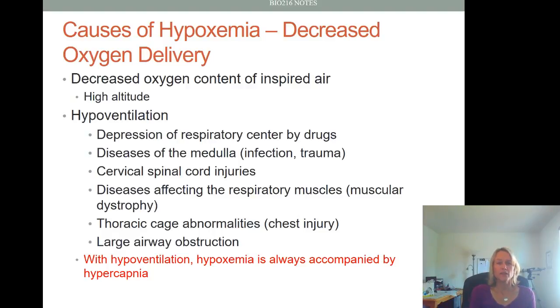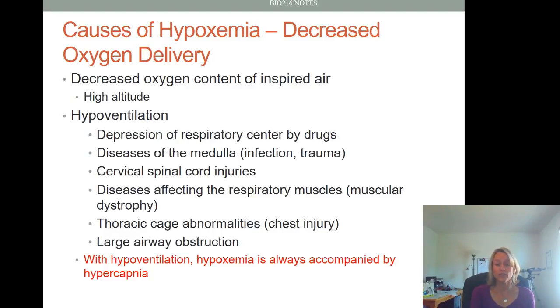Another thing that can cause decreased oxygen delivery to the alveoli is hypoventilation. And hypoventilation can be caused by depression of the respiratory system by drugs, so we're just not adequately ventilating. Diseases of the medulla, such as infection and trauma, can also cause you to hypoventilate.